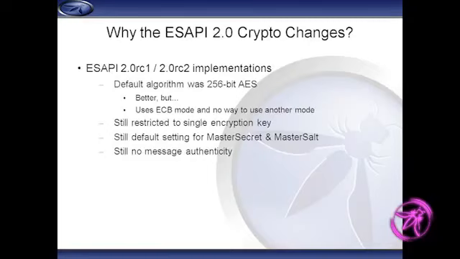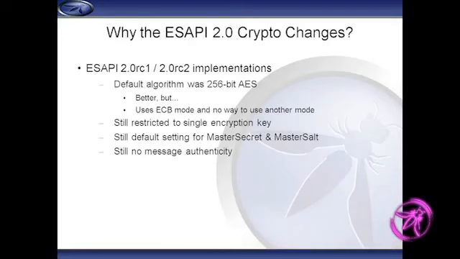It still had default settings for master secret and master salt; you could change them, but you had to go through a whole bunch of contortions to do it, and still no message authenticity. When I say message authenticity, I'm saying there's no way to ensure that the ciphertext came from the sender that you think it came from.